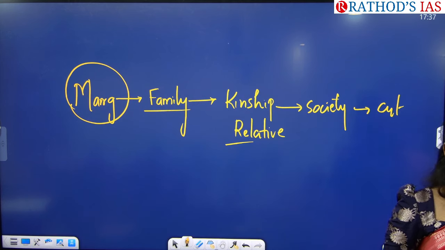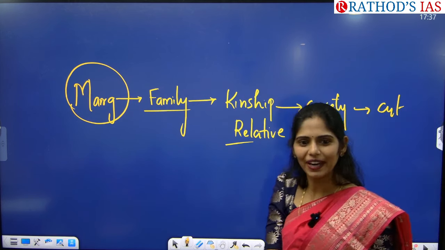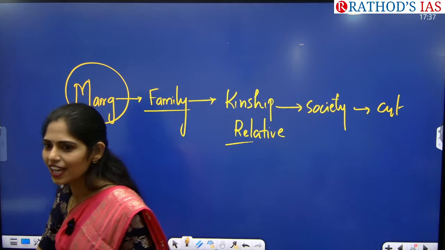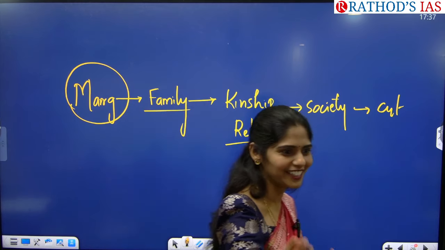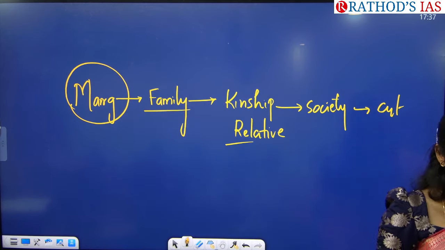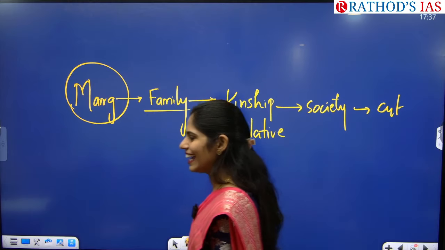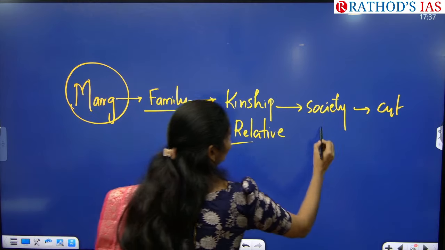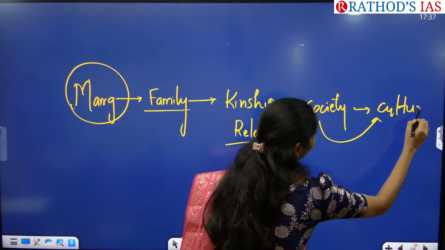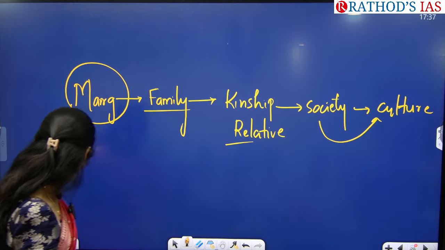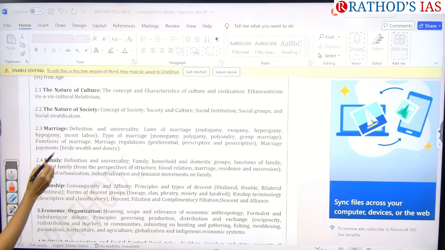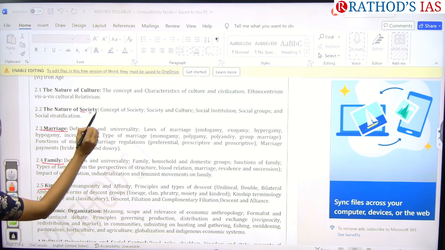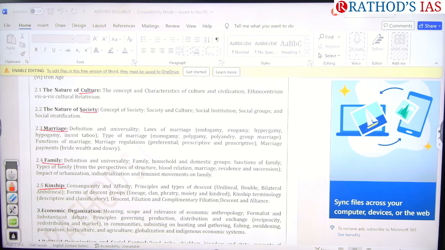The entire culture of you might be different from your spouse. I don't like food from my in-laws, to be frank. That is the reason why I am like this, to be frank. So like that, every society has its own culture. If you go back to the syllabus, these are the things that I said here: first one is marriage, next is family, relatives, society, culture.